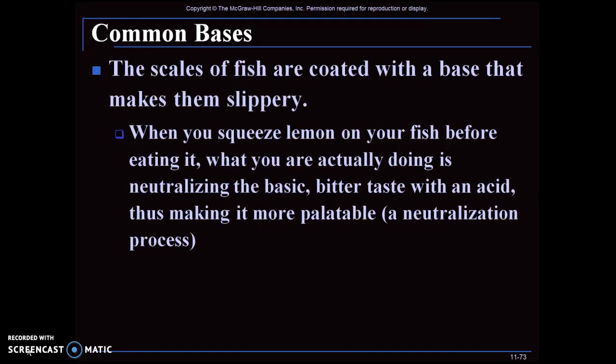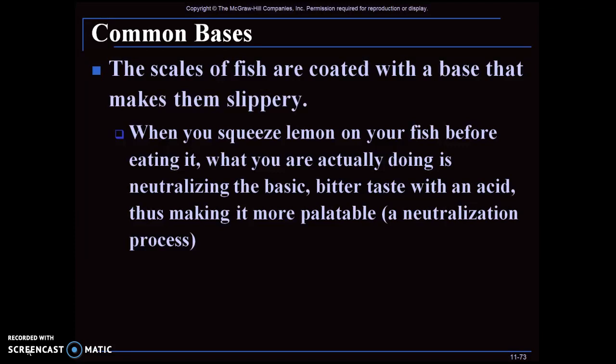The scales of fish are coated with a base that makes them slippery. When you squeeze lemon on your fish before eating it, what you are actually doing is neutralizing the basic bitter taste with an acid, thus making it more palatable, which is a neutralization process.